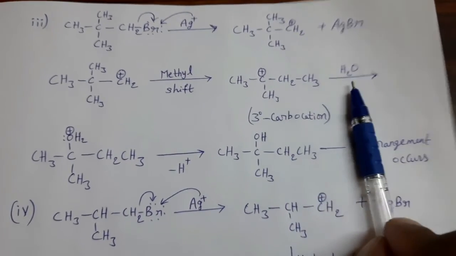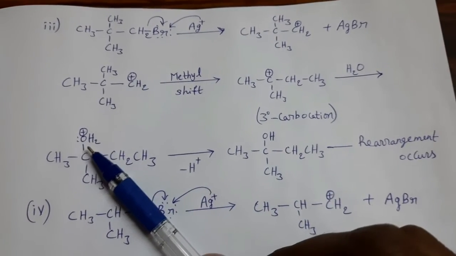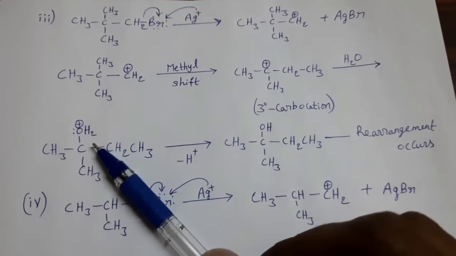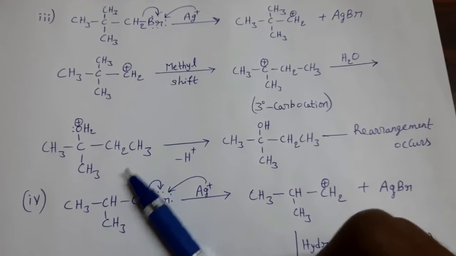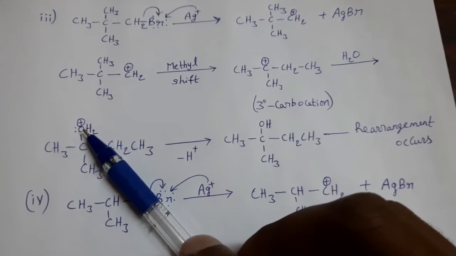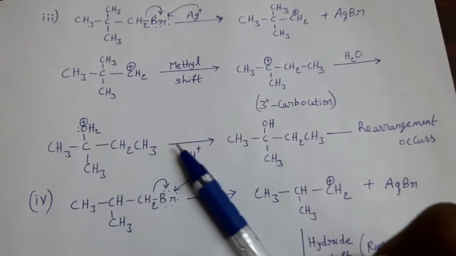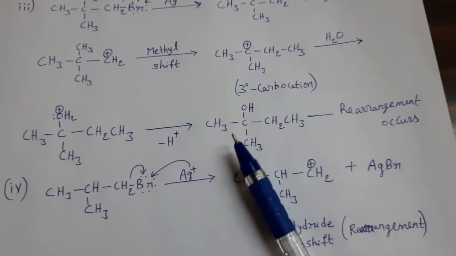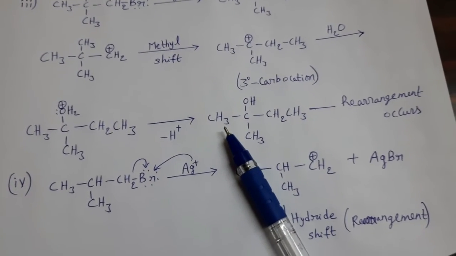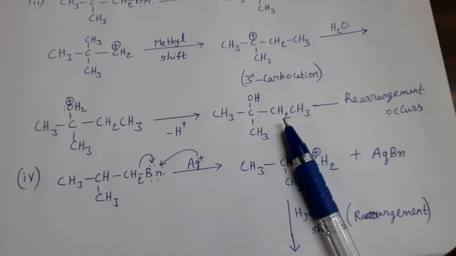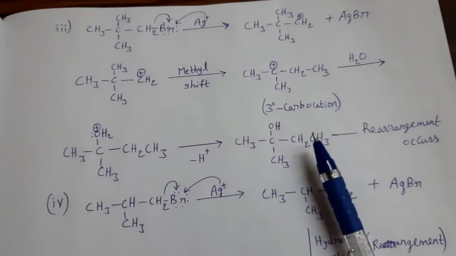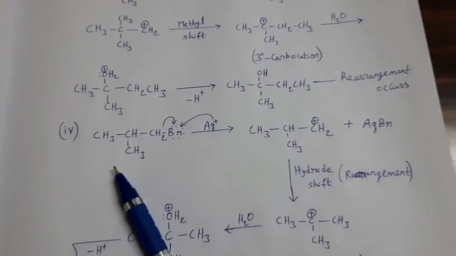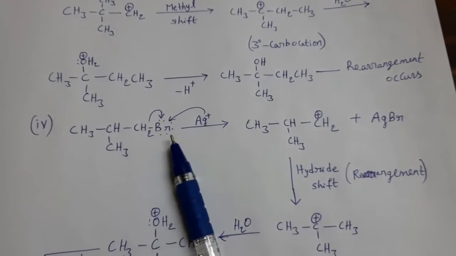This ion is treated with water. We can get this one, OH2 plus. A water molecule is attached at this carbon atom. We can get this type of ion. From this OH2 plus, H plus is removed. Then we can get the final product. This is a tertiary alcohol. So in the formation of this product, the reactant undergoes rearrangement. Next, here also the same alkyl bromide.